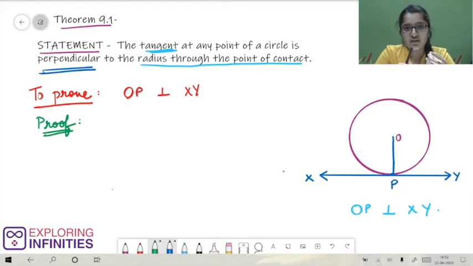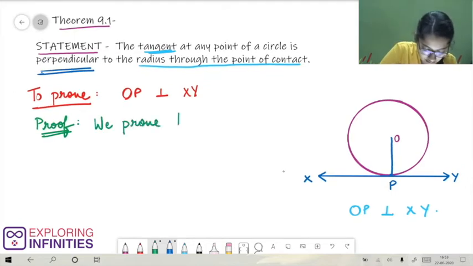So, we assumed that the statement is wrong, then we are proving that our assumption is wrong. That means, there are two negatives here. Negative into negative gives us positive. Hence, when we prove that our assumption is wrong, we finally prove that the given statement is correct. This is known as the method of contradiction. We have to mention that we are proving this theorem using the method of contradiction.